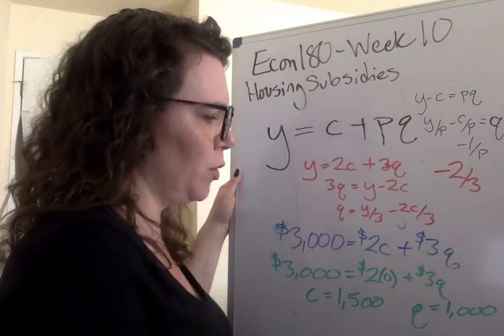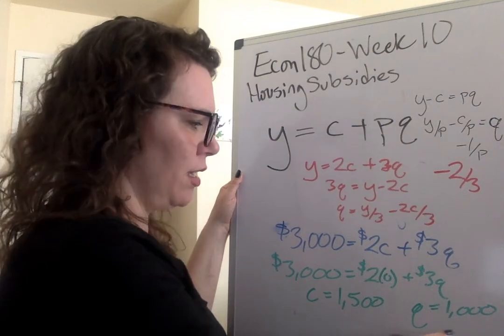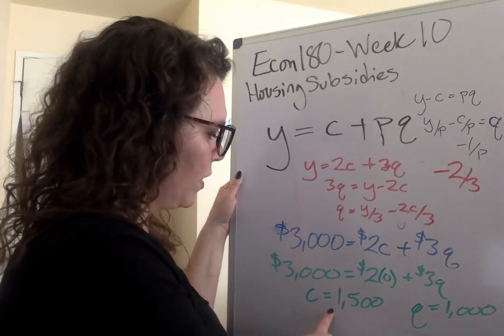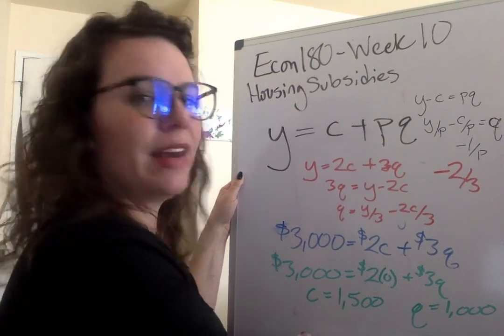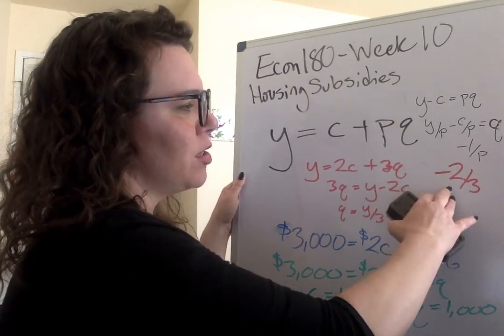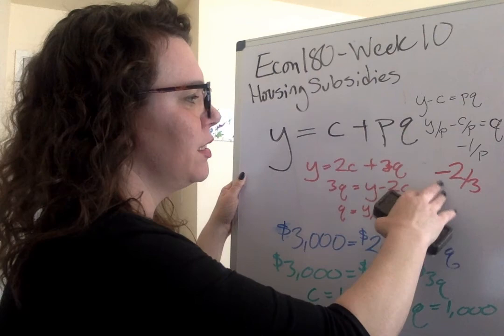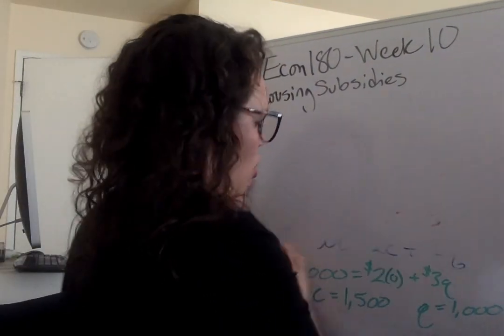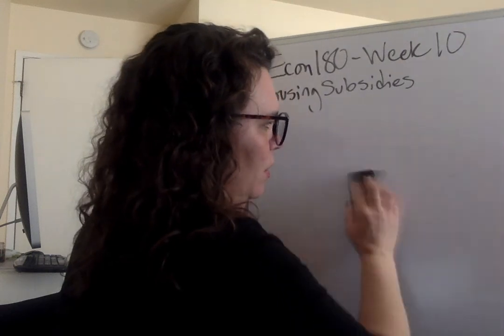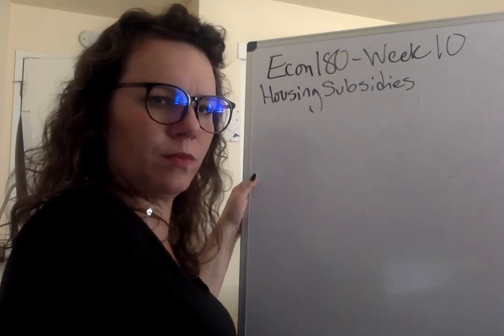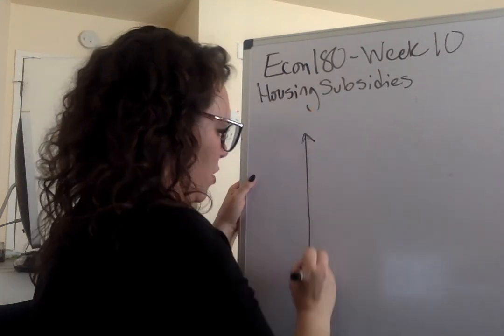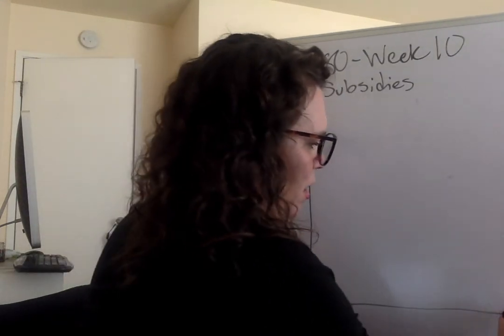So now we've got some answers. We've got our endpoints C and Q, so we could either consume 1,000 units of housing or 1,500 units of everything else, or any combination between there. And we have a slope of our budget constraint, which is negative 2/3. And now we can start graphing. Because I put my equation in slope-intercept form, I put Q on my vertical axis.